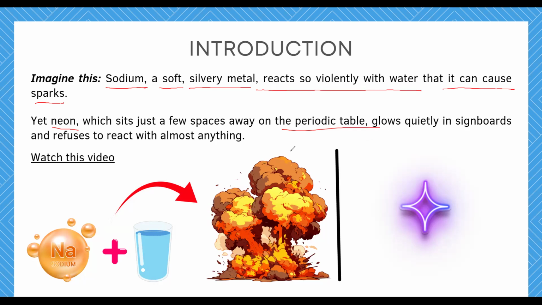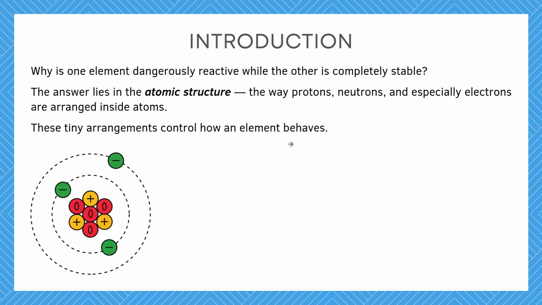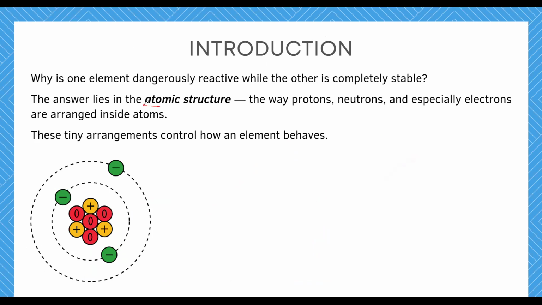Now, one question somebody might want to ask at this point is, why is it that sodium is very reactive and neon is absolutely unreactive, even though they are close to each other on the periodic table? The answer is on the next page. One element is dangerously reactive, while the other one is completely stable. The answer lies in what we're going to be studying today, atomic structure.